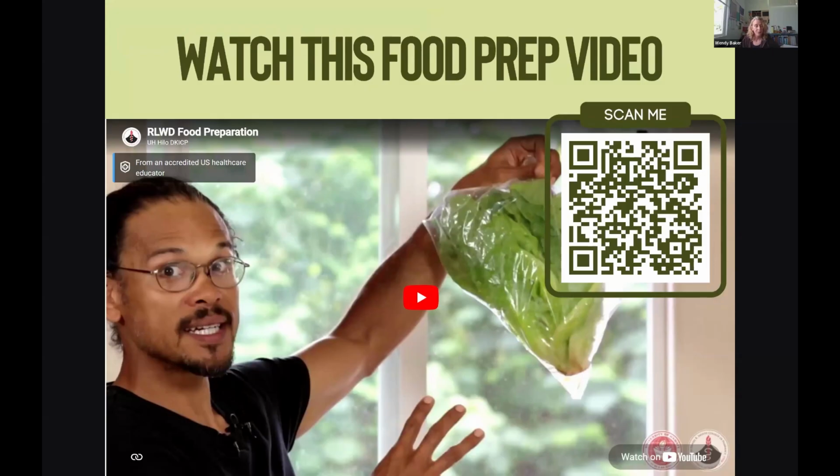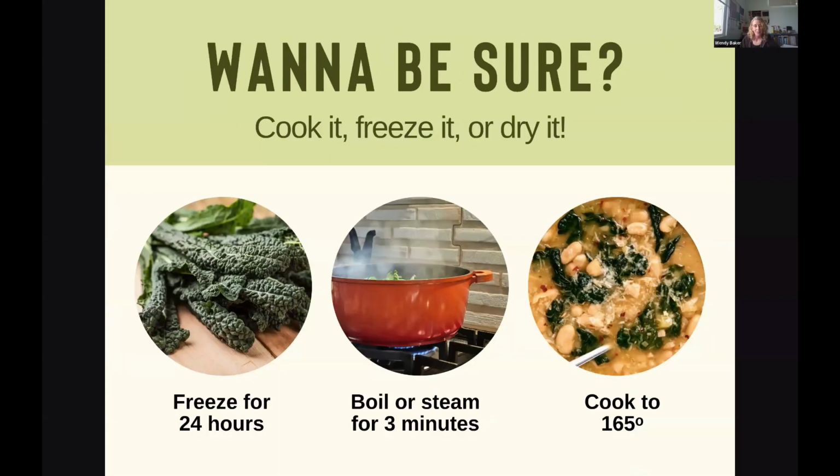I did not try this one to make sure that it's up to date, but I bet you can drop that into the chat if needed. And then always the sure method to kill all nematodes is to freeze, cook, or boil, heat your food, and just make sure that you guys are staying safe.